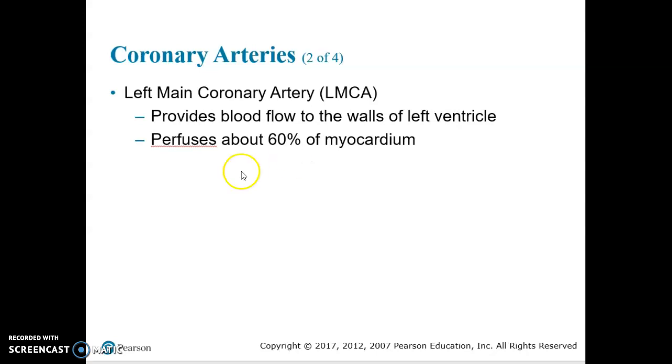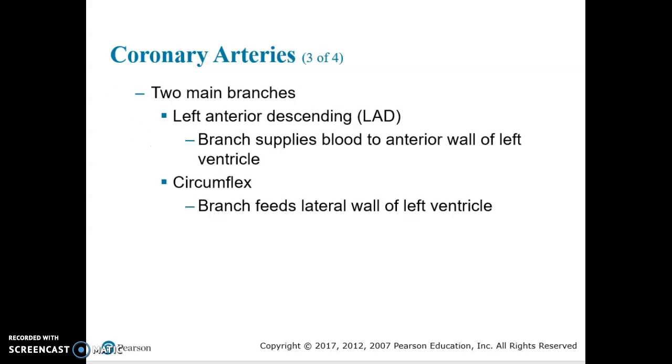If a heart attack occurs in the LMCA, it's often known as the Widowmaker. I would remember that. Why? Because people do not live when they suffer a heart attack in the Widowmaker.